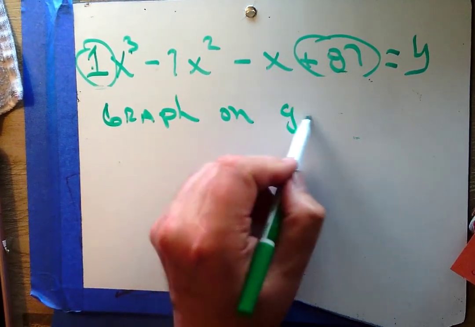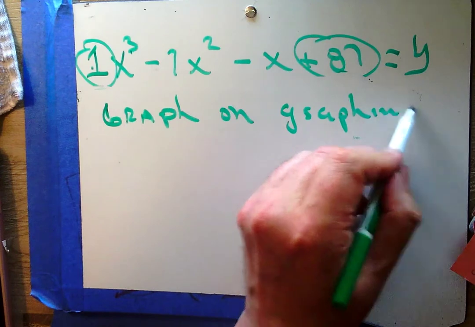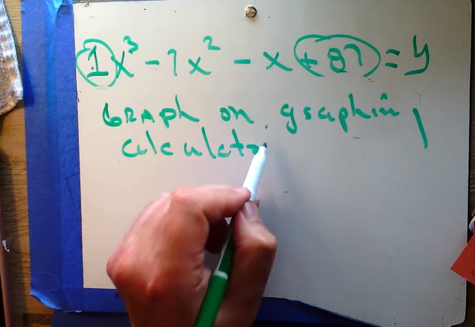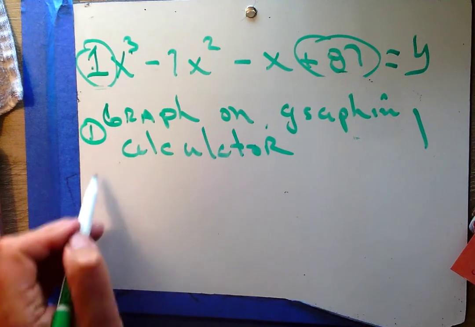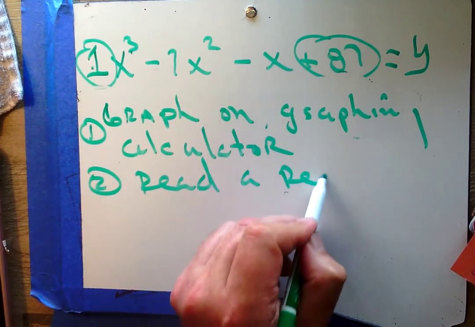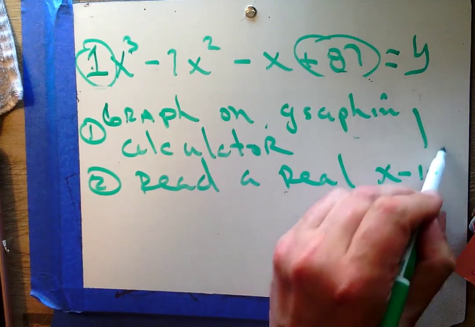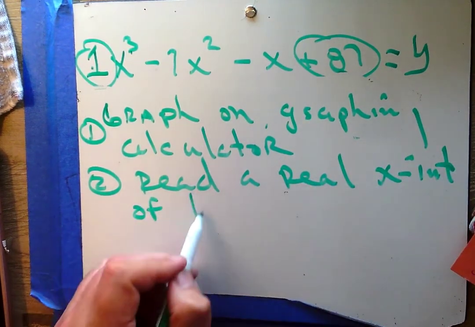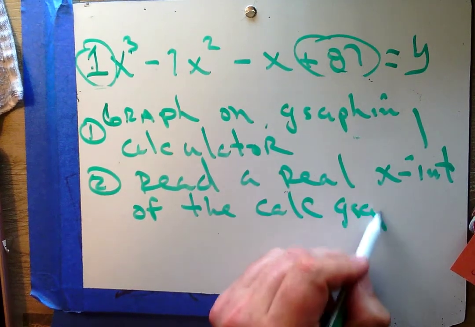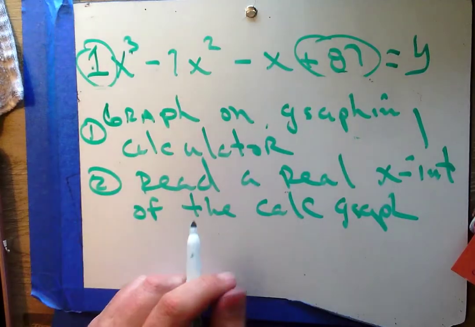on the graphing calculator to read a real x-intercept off the calculator graph. Okay, so that's what I want to be doing.